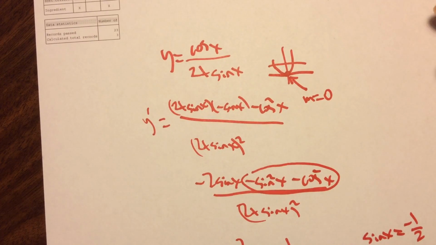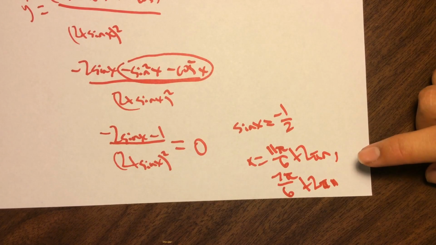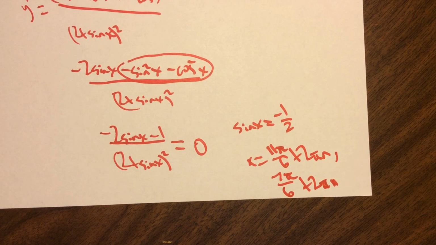Make sure to plug it back in the original equation, because if you plug it into the derivative, you will get the wrong answer. Also, when you're doing questions like this, don't forget to put plus 2 pi n, or whatever the interval is, because if you forget the interval, then you will also get marked off. This is because trigonometric functions are reoccurring in intervals.